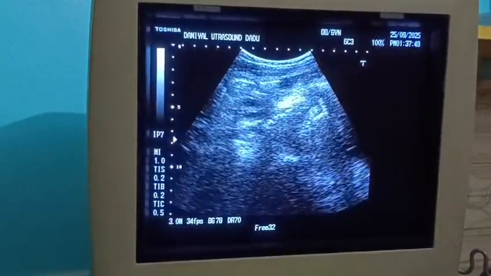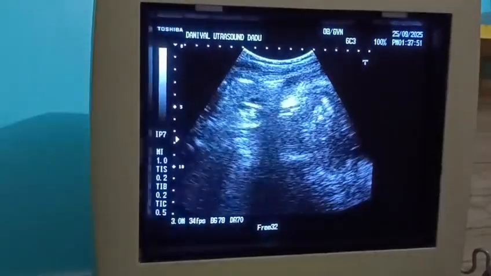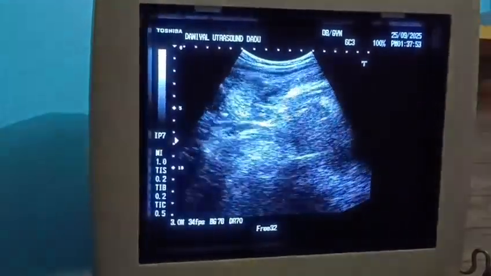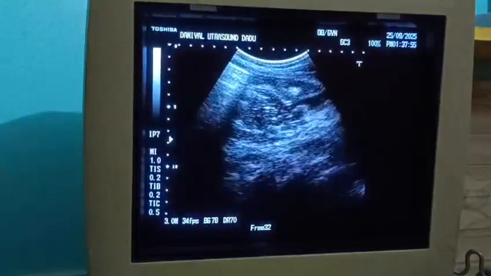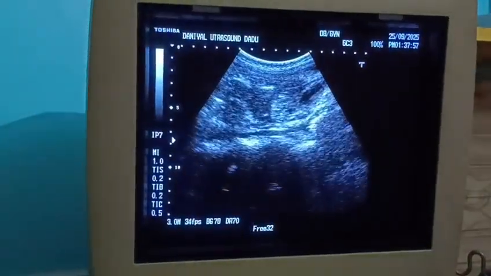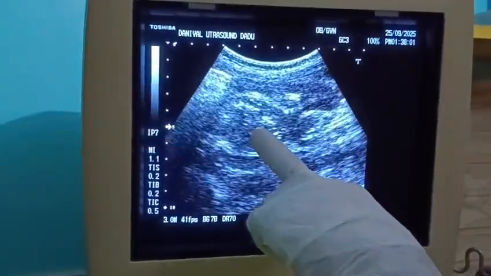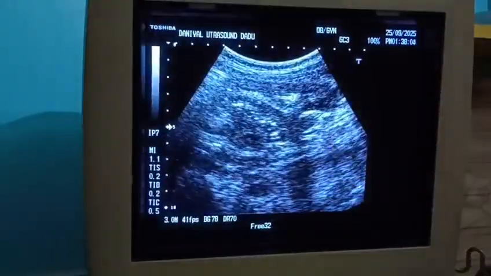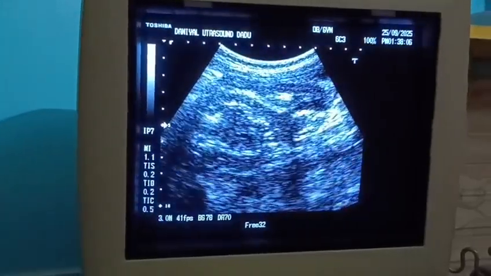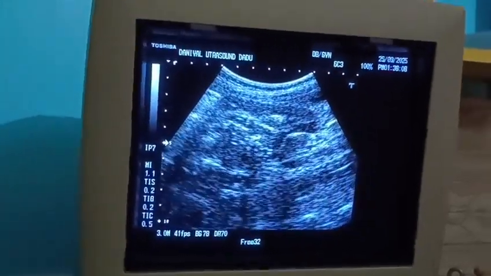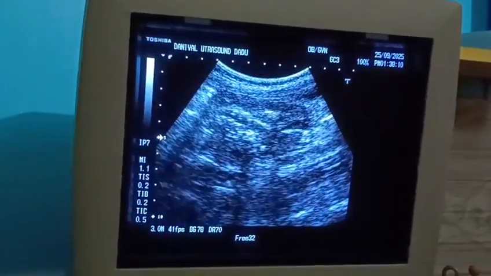And there is also another finding, that there is loss of normal peristalsis in adjacent bowels. So I can show you here. There is loss of normal peristaltic activity, and sometimes you can find gut walls thickened.